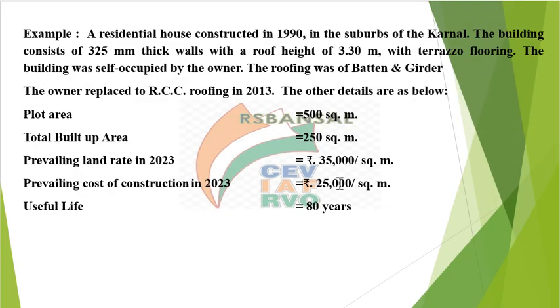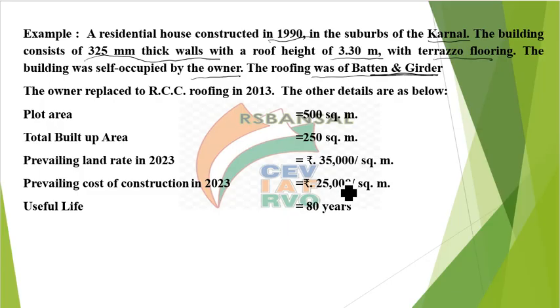A residential building house was constructed in 1990 in the suburbs of Karnal. The building consists of 325 millimeter thick walls with a roof height of 3.3 meter with terrazzo flooring. The building was self-occupied by the owner. The roofing was of burden and girder.